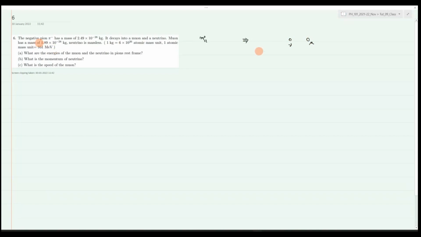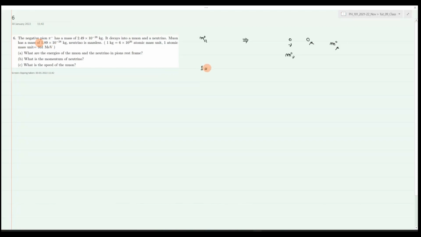The mu1 has mass this, so the mu1's rest mass is also given to us, m0, and the rest mass of the neutrino is given to us as massless, approximately 0. And the energy-mass conversion units are also given to us. So let us also write this.